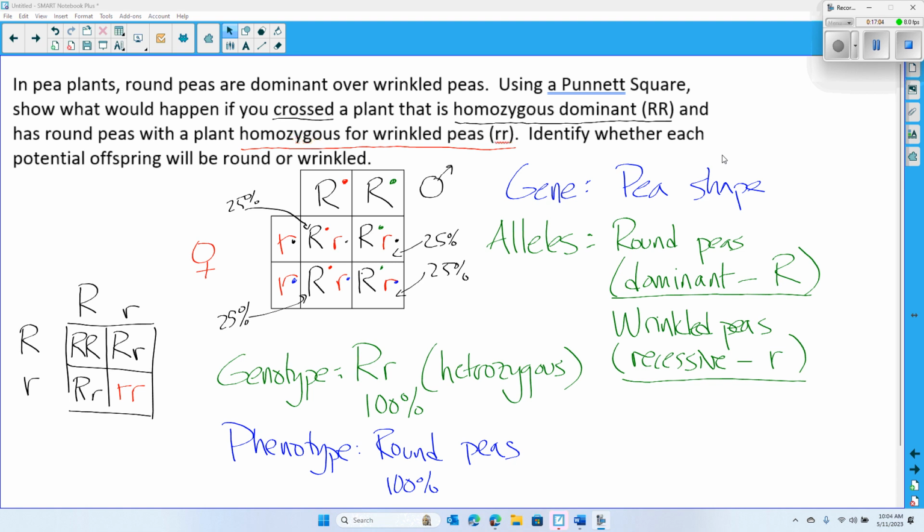But eventually, if two people who both have one copy of the recessive allele have a baby, there's a 25% chance that that baby will have both recessive alleles. And that explains it.